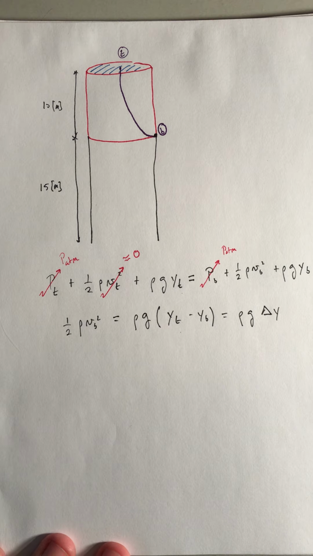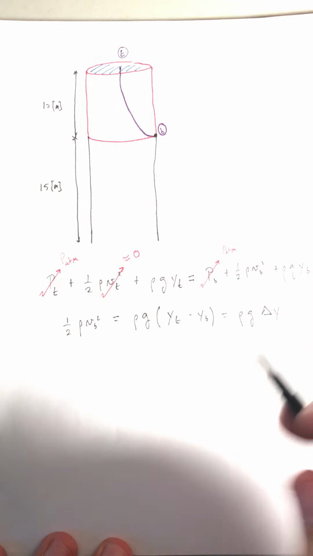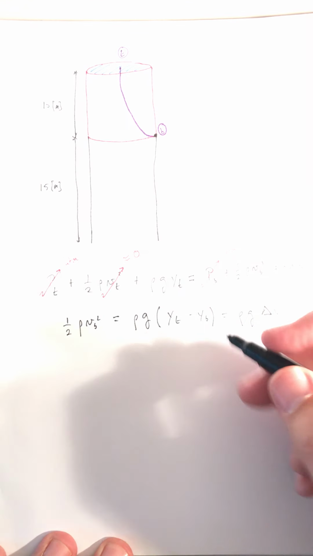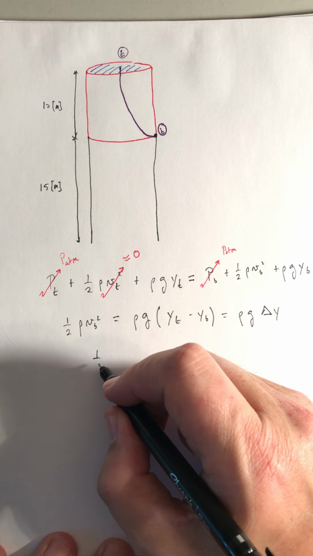Alright, it is the same mass density for the fluid on both sides of the equation.